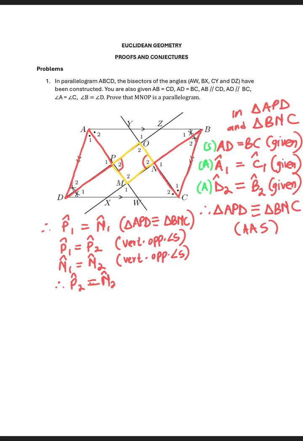So how are we gonna do that? This is how we're gonna do it. First, we are given that AB is parallel to DC, right? So I see a Z shape.